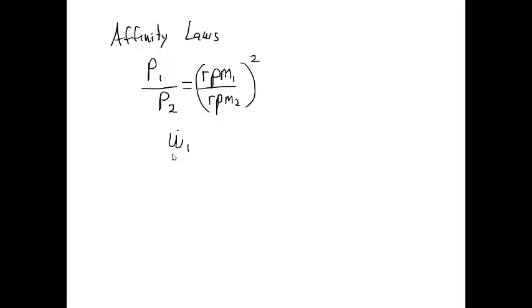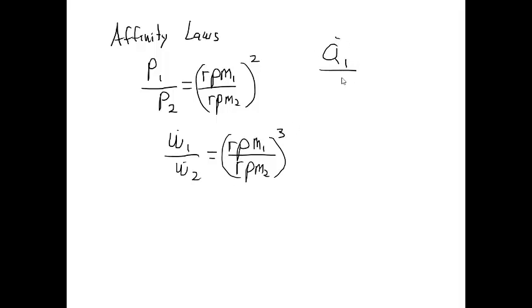The new shaft work or power over the old is equal to the new RPM speed over the old RPM speed cubed, and the new flow rate over the old flow rate is equal to the new speed over the old speed to the first power.